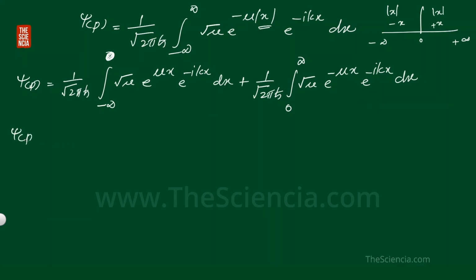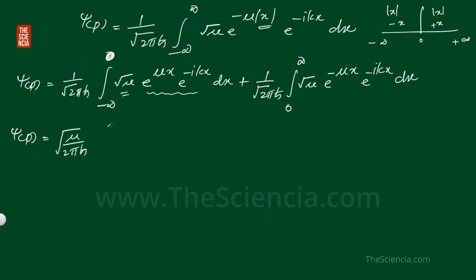That is, psi of p is equal to, here the constant I am taking outside the integral, root mu by 2 pi h cross. Now we have to take the integral of this term.